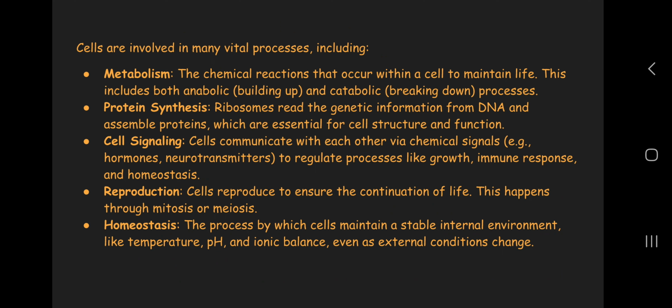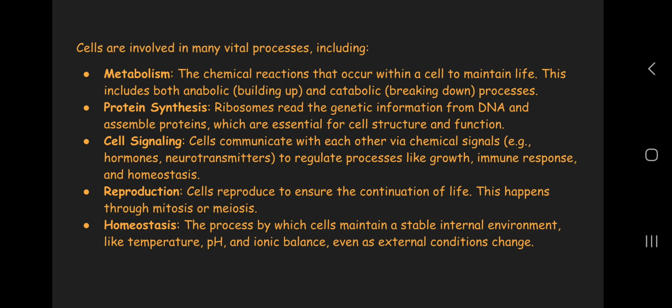Cells are involved in many vital processes, including metabolism, the chemical reactions that occur within a cell to maintain life. This includes both anabolic, building up, and catabolic, breaking down, processes. Protein synthesis.